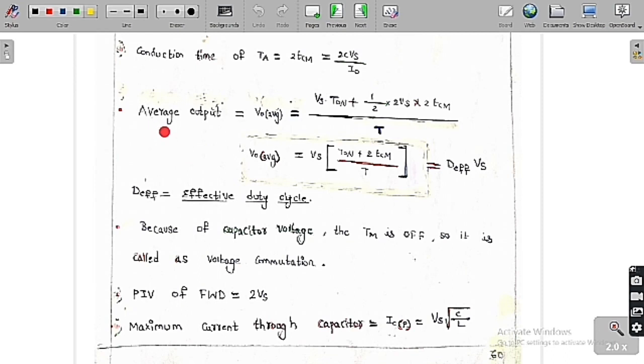And if you want to find the average value of the output voltage, it is Vs into T on. I am going to assume T2 is equal to T on.